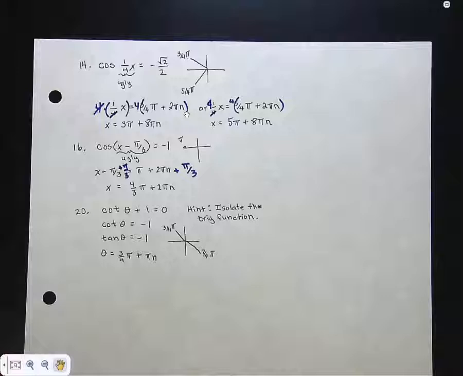All right, I promise you that this gets easier with practice. I can almost promise you that it will be very difficult when you first attempt solving trigonometric equations, but it's vital in calculus.